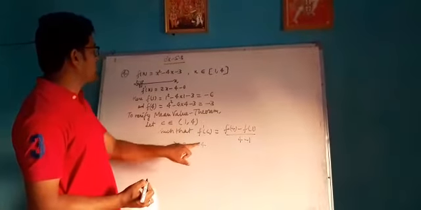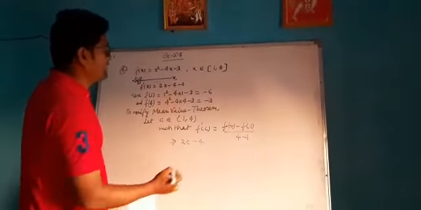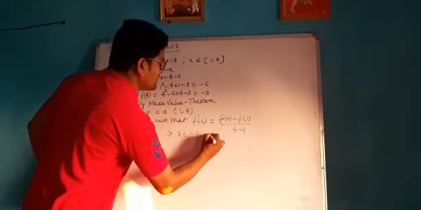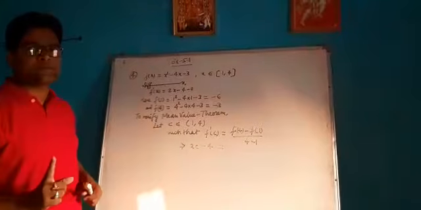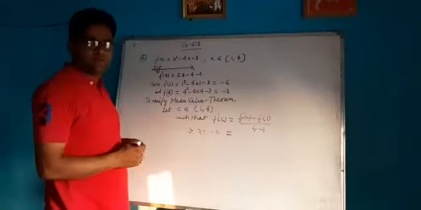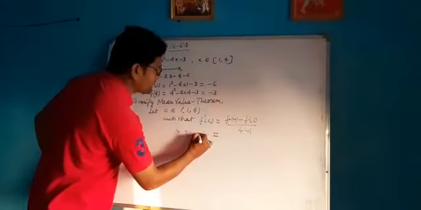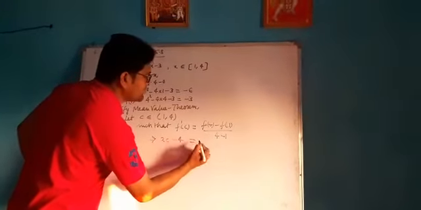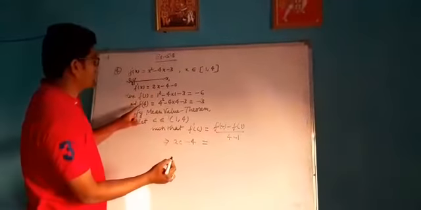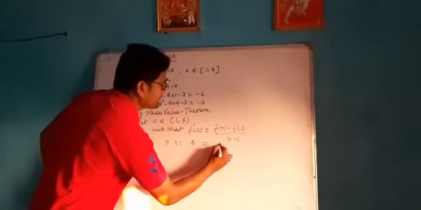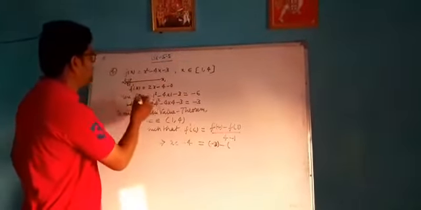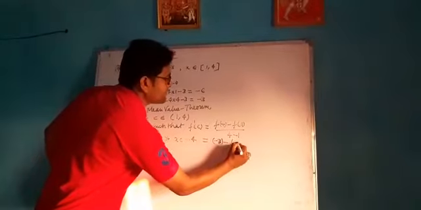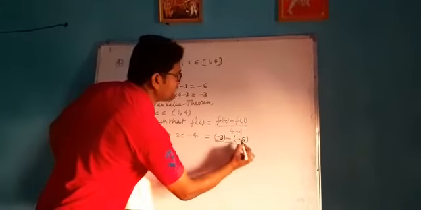So 2c minus 4 is equal to, now f of 4 I have found already, f of 4 is minus 3, minus f of 1 is minus 6, so I put here minus 6, by 4 minus 1 is 3.